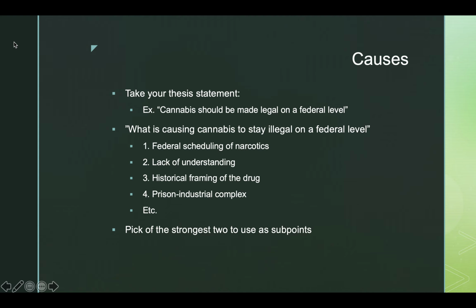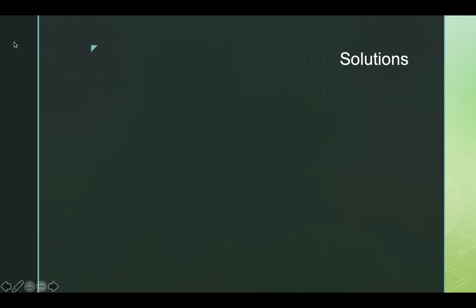So if it's federal scheduling of narcotics, our solution should probably address the federal scheduling of narcotics and specifically of cannabis. If it's a lack of understanding, our solution should be educate ourselves, educate others, in order to improve everyone's understanding of how this substance works.